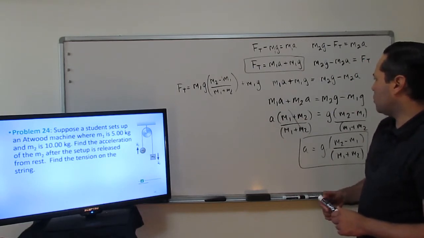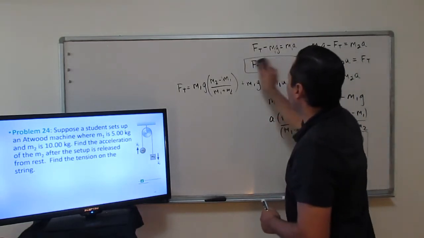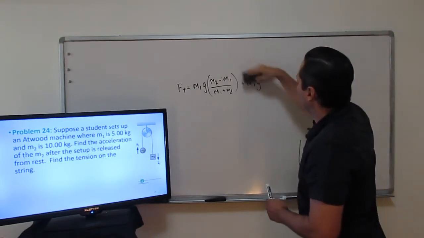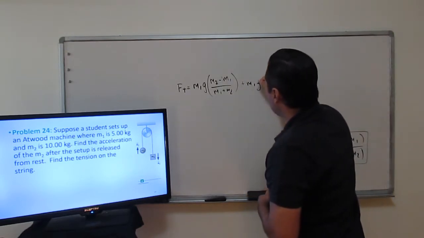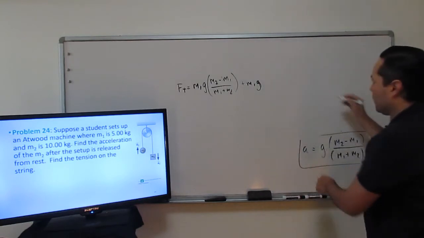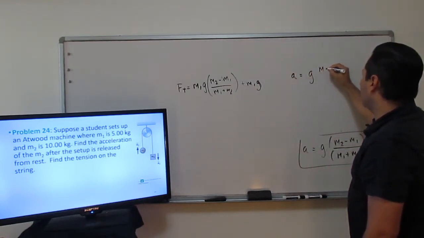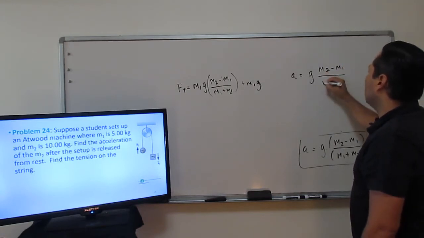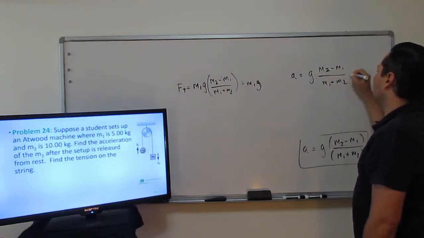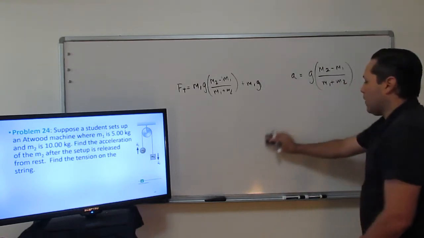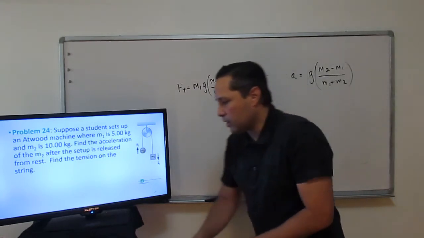Alright, so let's start with acceleration first. I'm going to rewrite the formula. Acceleration was G times M2 minus M1, over M1 plus M2. And now let's start plugging in values. We'll need our calculator.